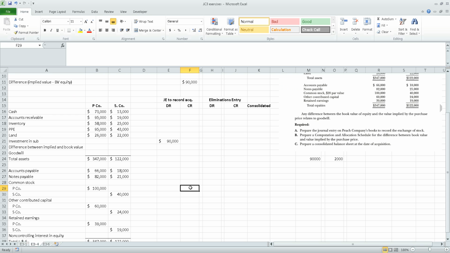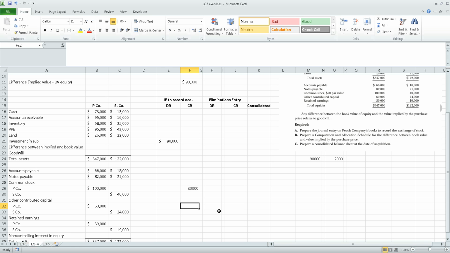Now, we issued 1,500 shares of stock to the shareholders of Schwartz Company, and the par value per share, according to the facts, is $20 a share. So the credit necessary to the P company common stock account is $30,000.